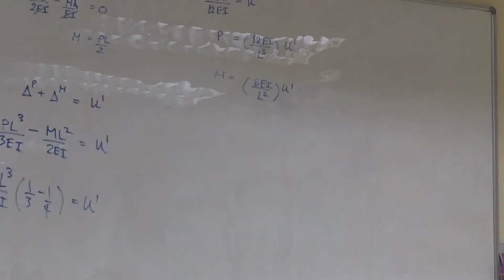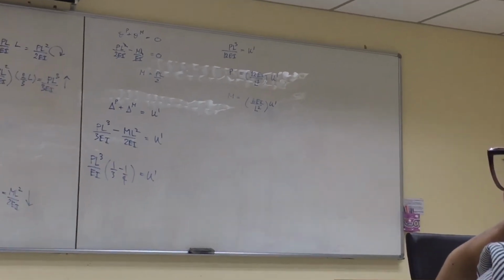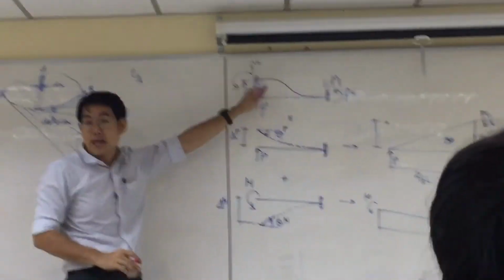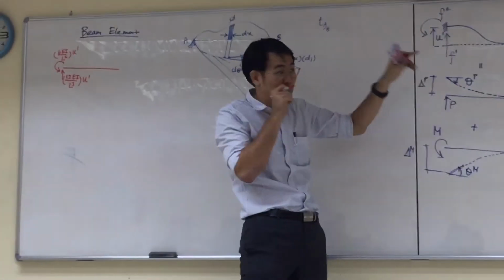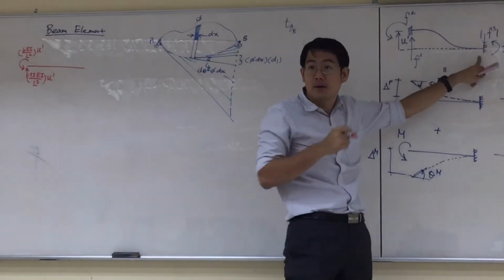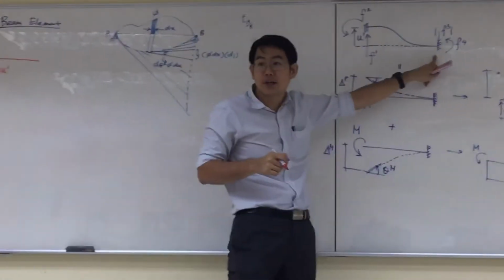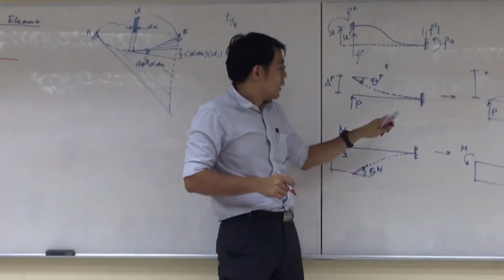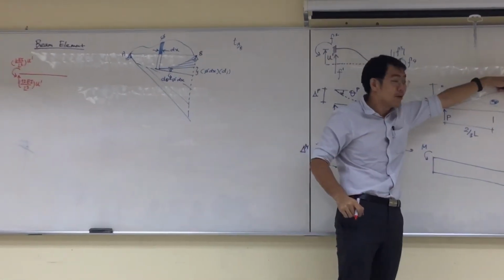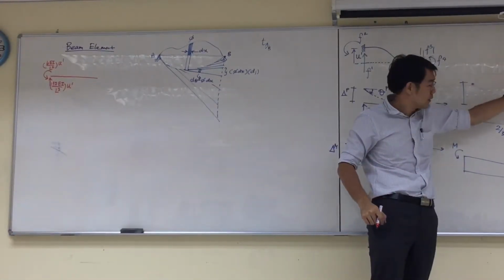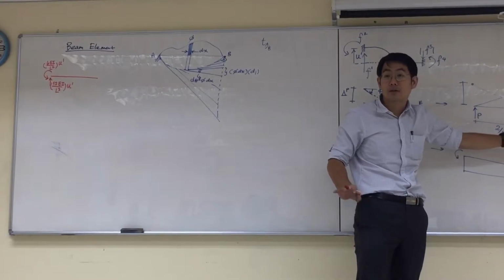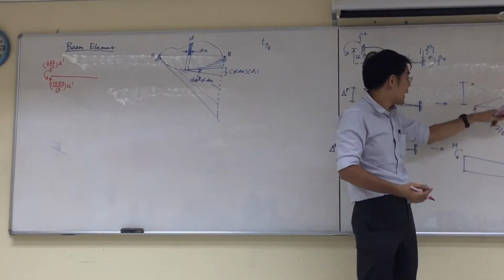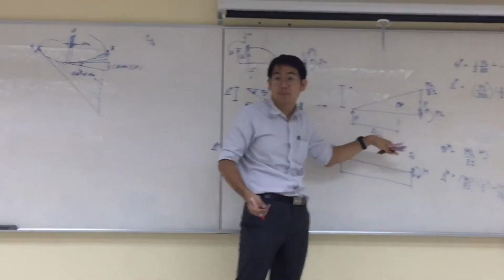Now you know the force and moments you need to produce this shape. But that belongs to the left side. How about the force and moment you have over here to keep things in equilibrium? Over here, you have the P pointing downward. Over here, you have no vertical force. So you add up these two systems.